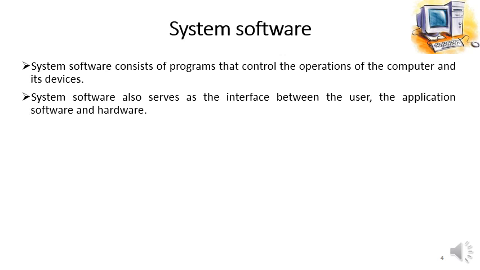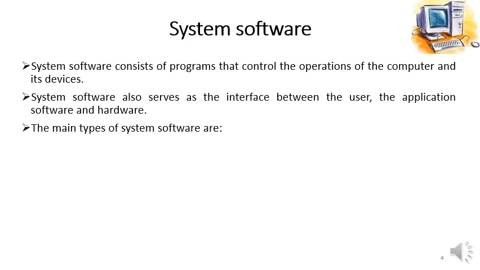As I told you, the operating system is a kind of system software, so it serves as the interface between the user, the application software and hardware. It provides us the environment to work with the computer or to utilize the computer for our needs or for performing different types of operations.